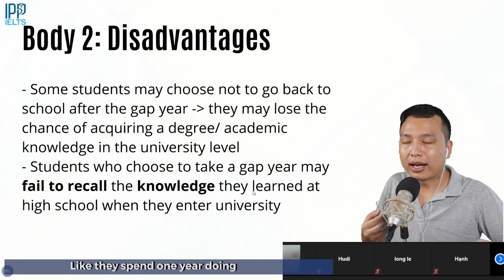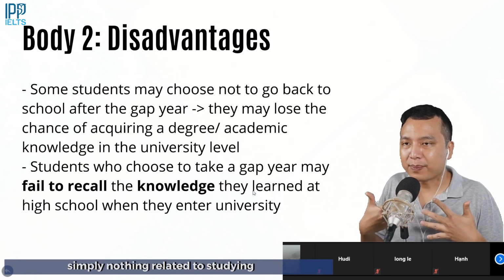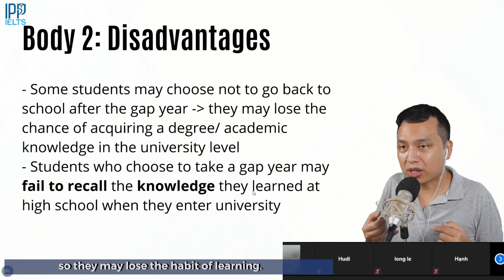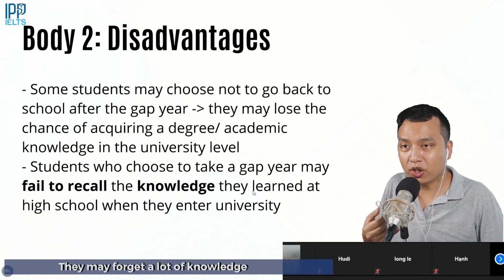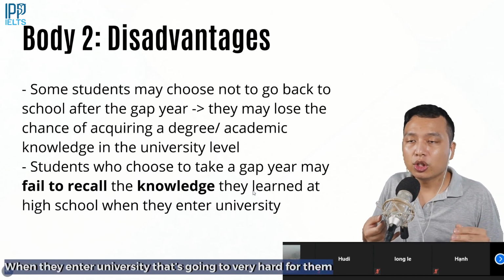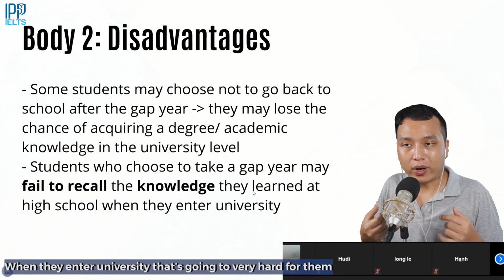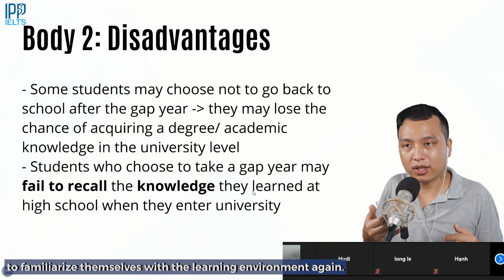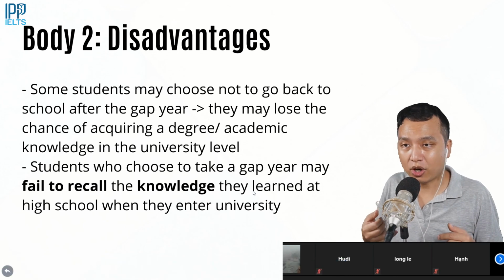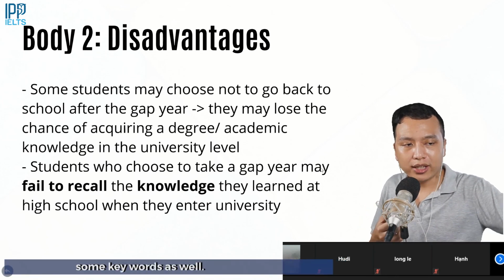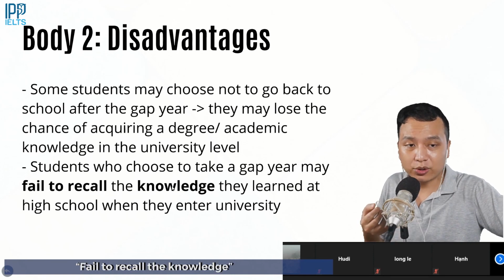They spend one year doing nothing related to studying, so they may lose the habit of learning. They may forget a lot of knowledge that they learned at high school. So when they enter university, it's going to be very hard for them to familiarize themselves with the learning environment again.